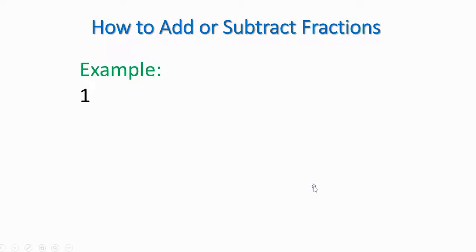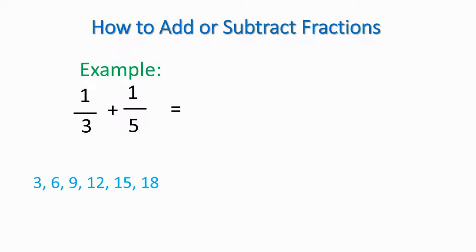Another example, you have 1/3 plus 1/5. They have different denominators again, so find a common denominator by finding the multiples of each denominator. These are the multiples of 3 and these are the multiples of 5. The least common multiple is 15, so we want to make both denominators 15. To make 3 into 15, you multiply that by 5, and again you do the same to the numerator.